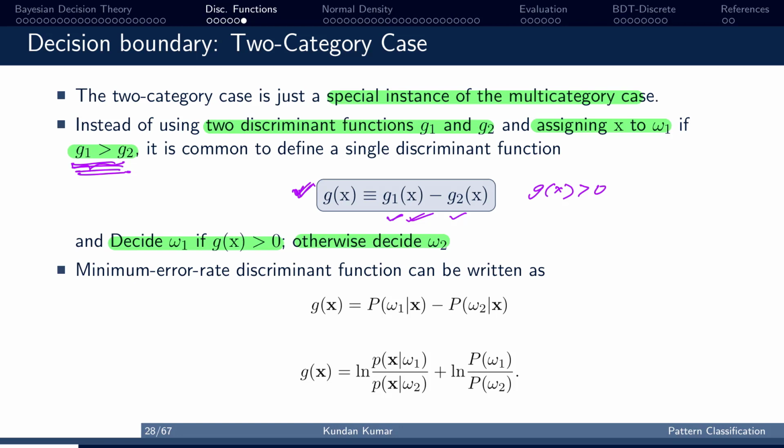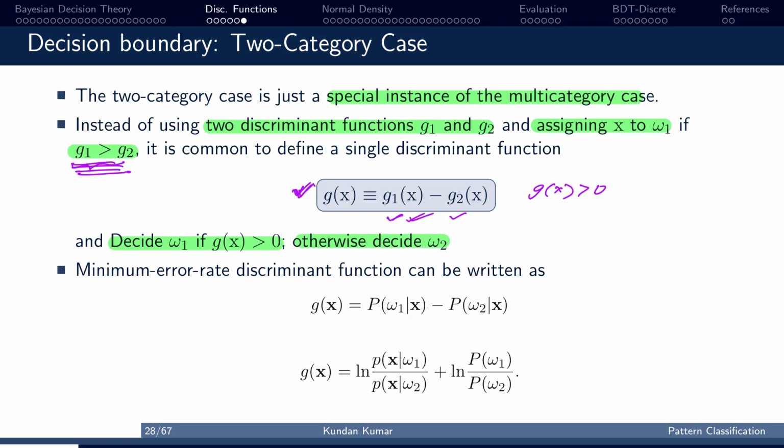Now let us write the discriminant function for the minimum error rate classifier. On the previous slide, we have seen that the discriminant function for an individual class is the posterior probability in the case of the minimum error rate classifier.